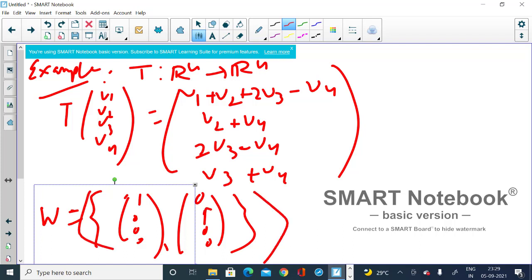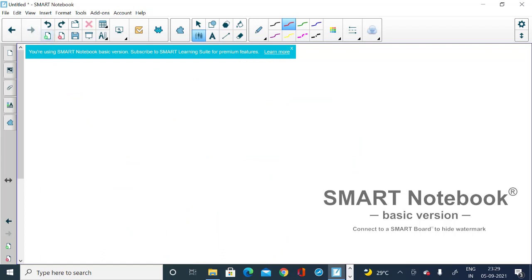These two are linearly independent vectors, and W is generated by them. Now the question is whether W is T invariant or not. That is obvious. So W is T invariant, which we can easily prove.